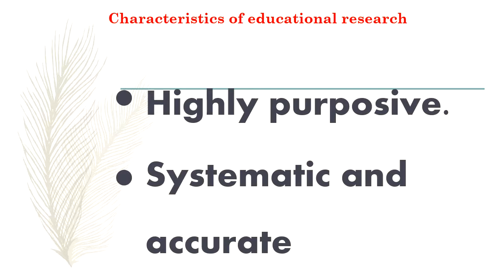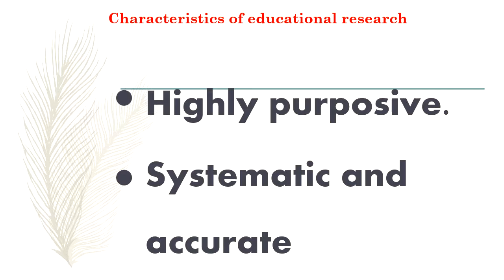Same way in educational research, whenever we try to find out the solution of the problems which are there in the field of education, we purposefully do certain changes, certain activities, certain work. That's why we say that educational research is highly purposive.